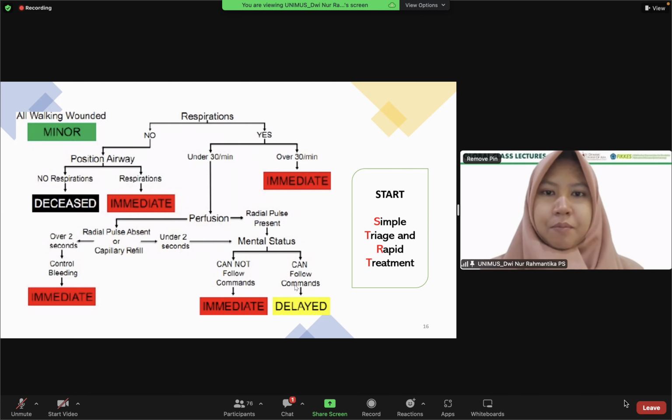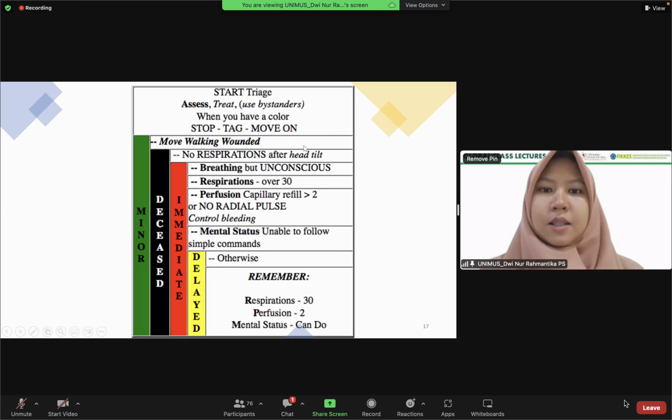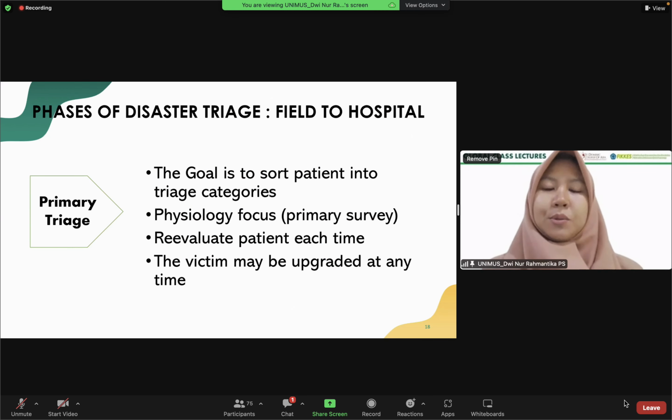This is the explanation about what should be considered for respiration and for perfusion. The points we should give more attention to are respiration more than 30, perfusion more than 2 seconds, and mental status, where they cannot follow instructions.